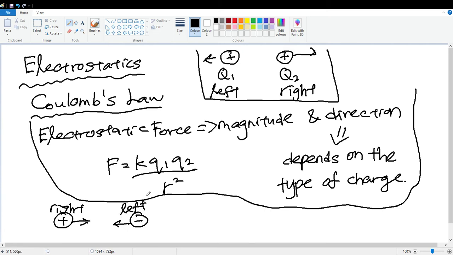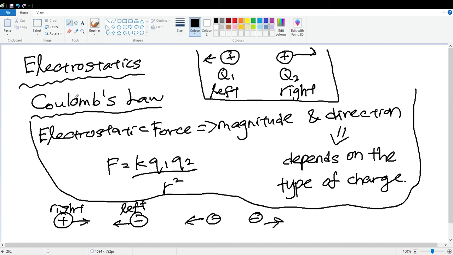For two negative charges, it is similar to both positive: this one goes to the left and this one to the right. This is how we find the magnitude and direction for different types of charges.